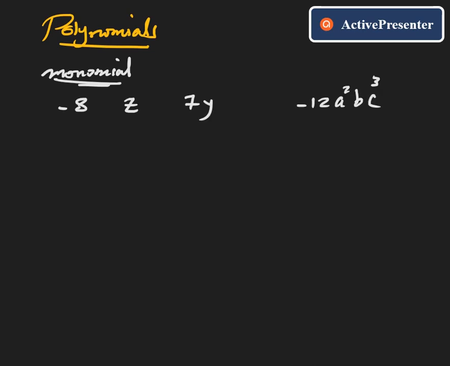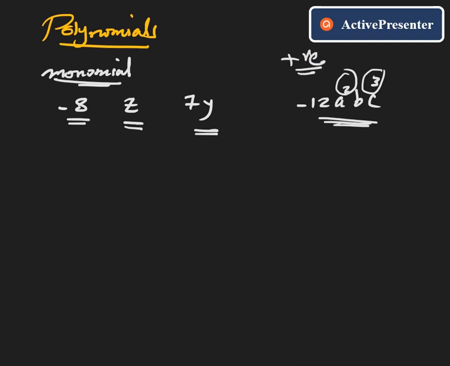A monomial can be a constant, a variable, a product of a constant and a variable, or more than one variable, with the variables having only non-negative integer exponents. They should always be non-negative.